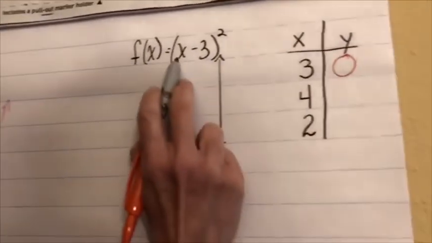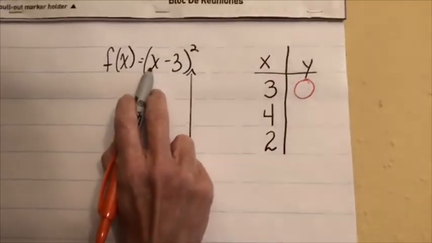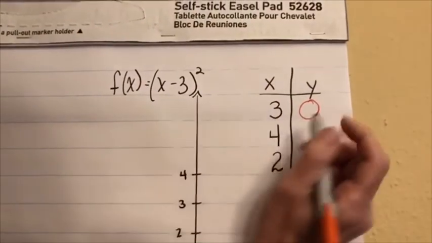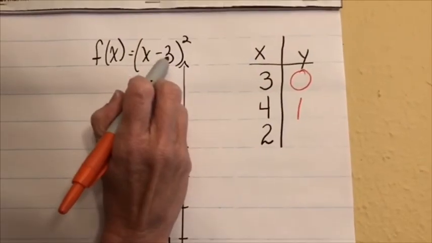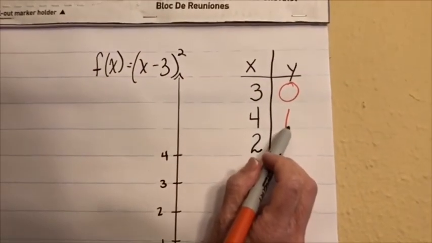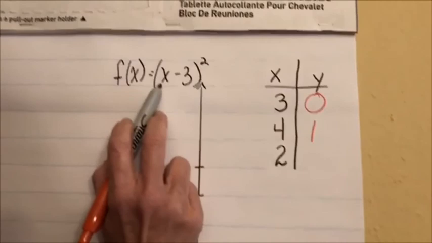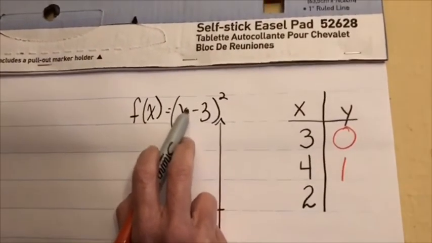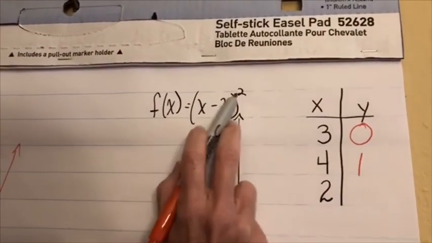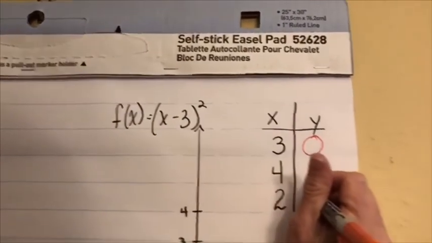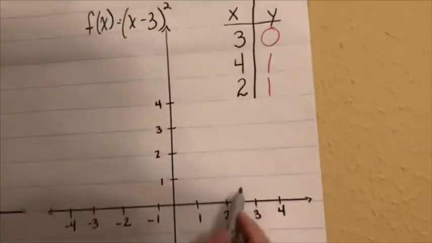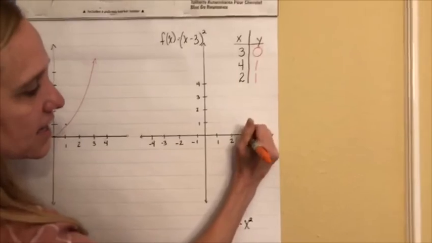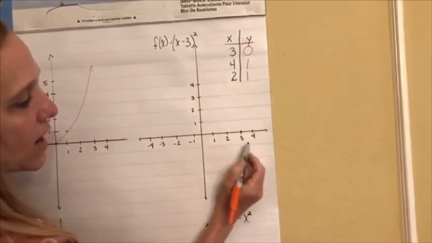I chose 4. When x is 4, f of x equals 1. 4 minus 3 is 1. 1 squared is 1. When x is 2, 2 minus 3 is negative 1. Negative 1 squared is positive 1. So you can see you're getting the same sort of graph.